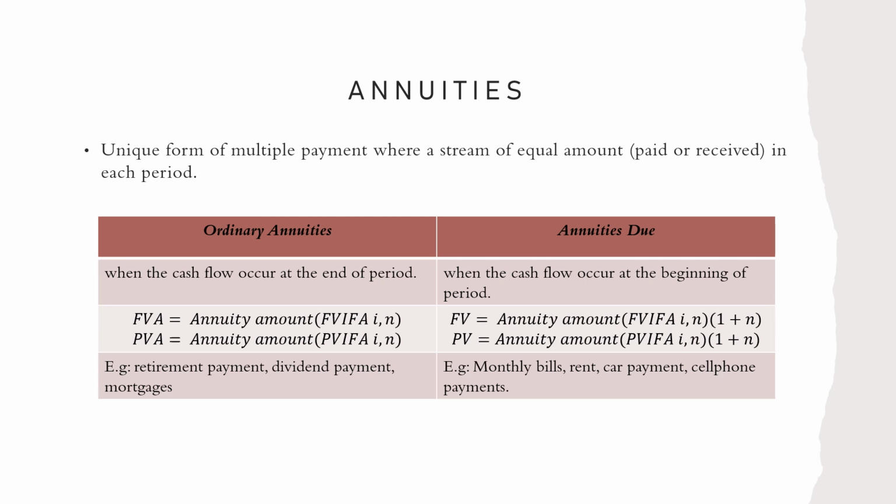The annuities due is when the cash flow occurs at the beginning of the period, such as monthly bills, rent, car payment, or cell phone payment. Attached here, you can see the formulas to calculate the ordinary annuities and the annuities due.